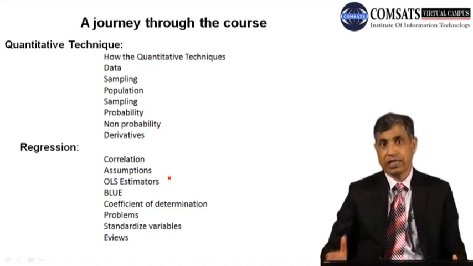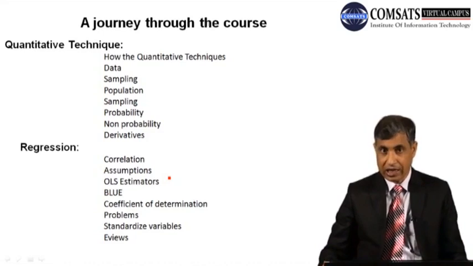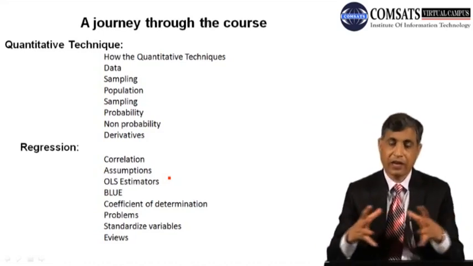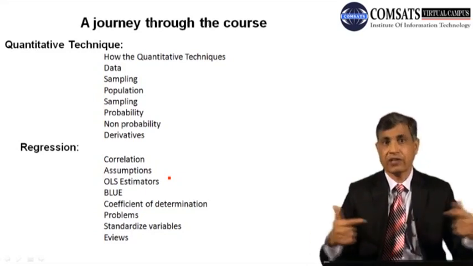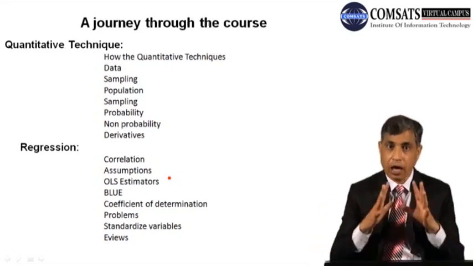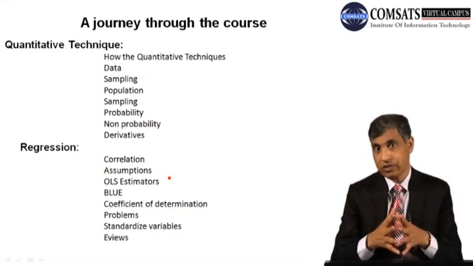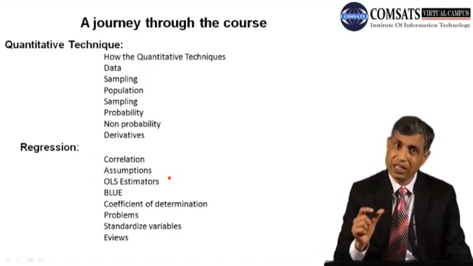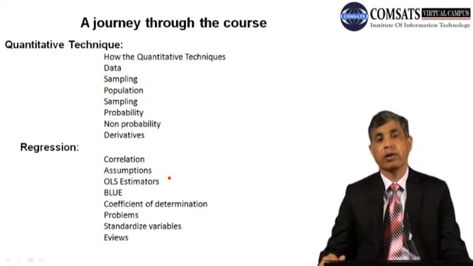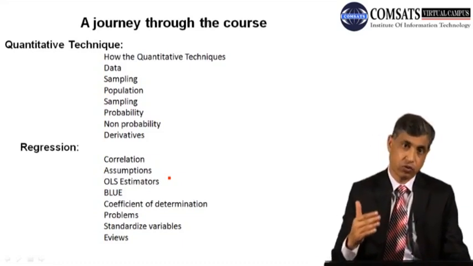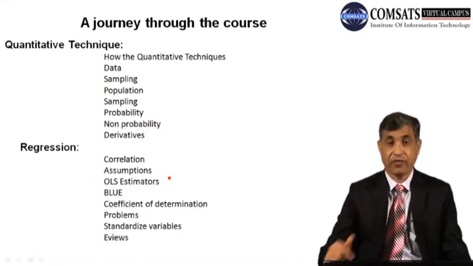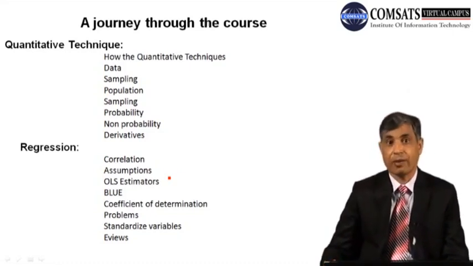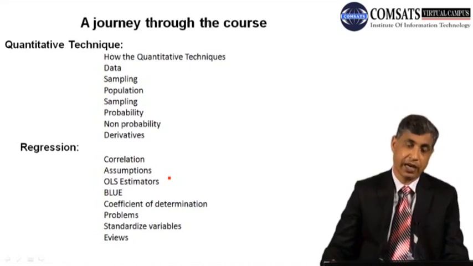The fourth step in the quantitative technique is data collection. You know that when you made the statement, it was a theory. You linked the variables. Now you know the variables, you know where you want to get from data, and now you will be getting data about these variables. So this was the fourth step. The fifth step was that now we have to estimate the statistical model, or the probability model.